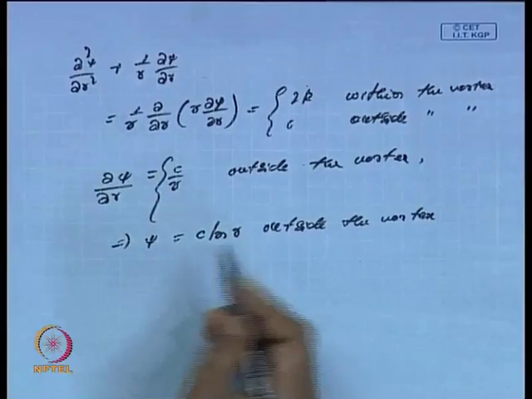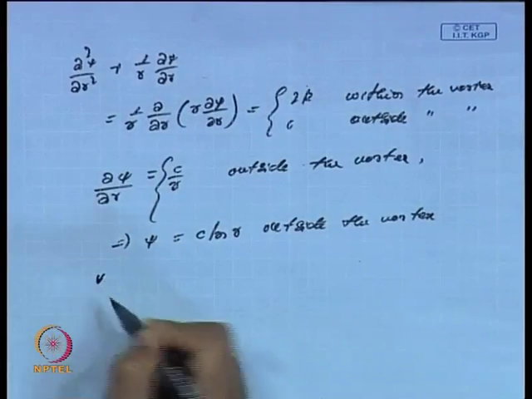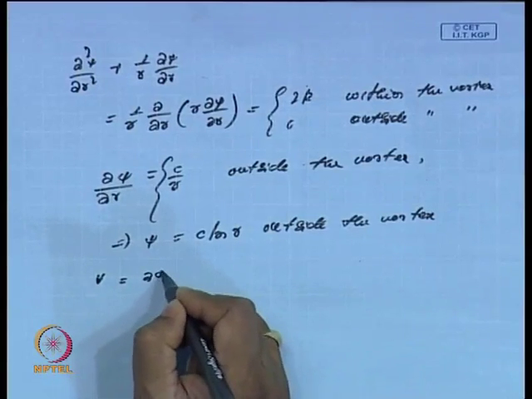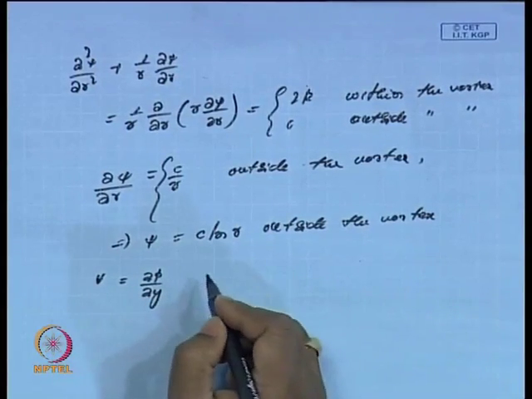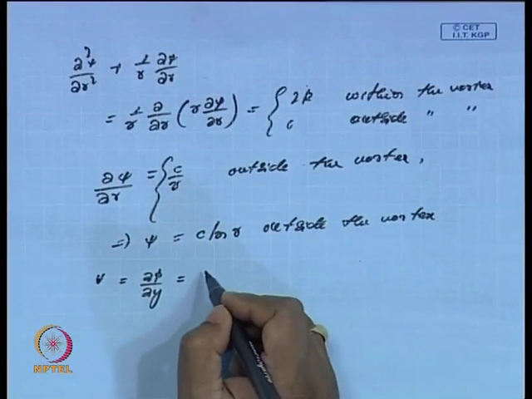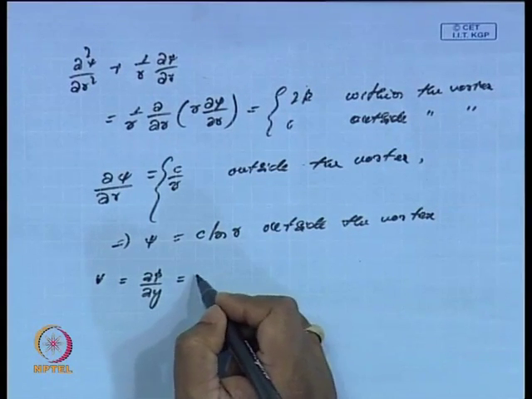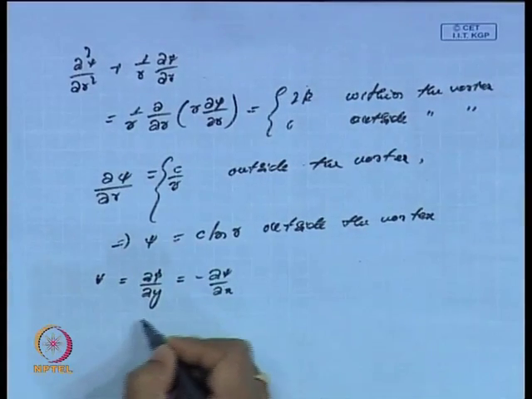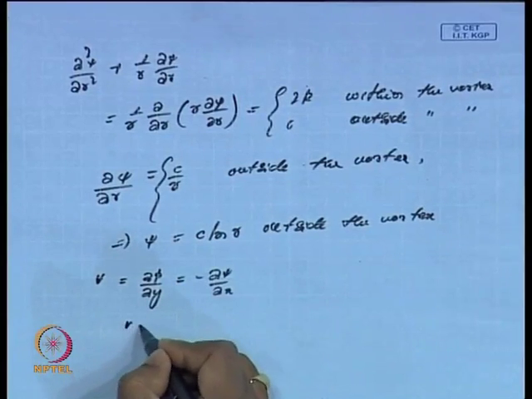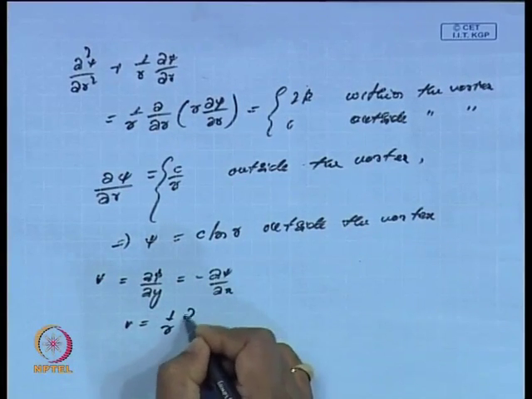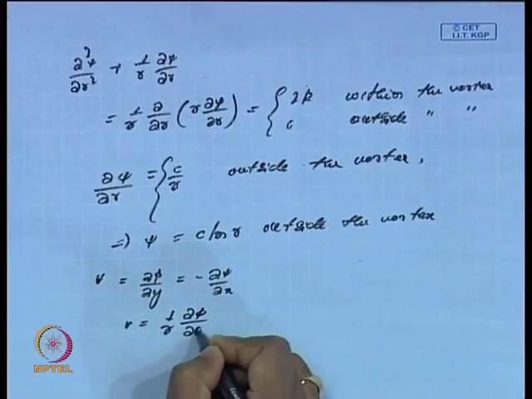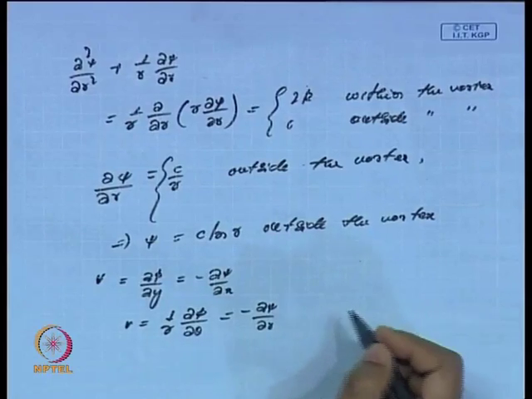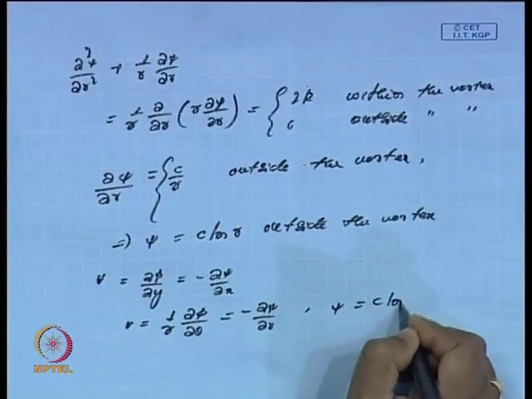Then what will happen to v, the component of velocity? V is nothing but del phi by del y, and this is nothing but minus del psi by del x, or v can be written also in the r theta coordinate as 1 by r del phi by del theta, which is nothing but minus del psi by del r, and I have been given psi is equal to c log r.